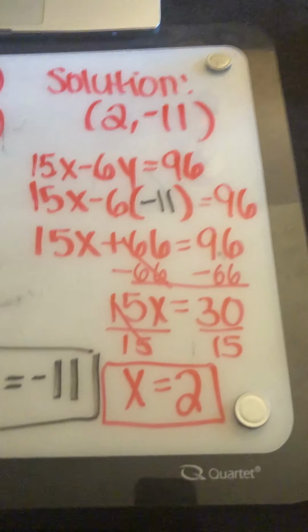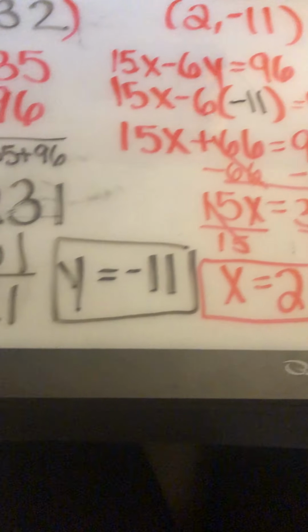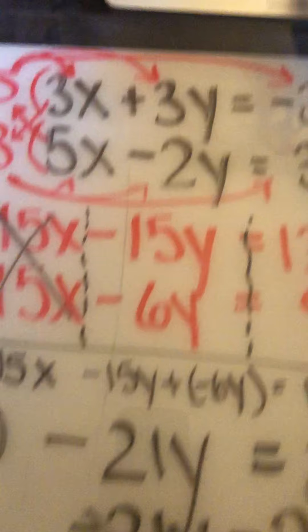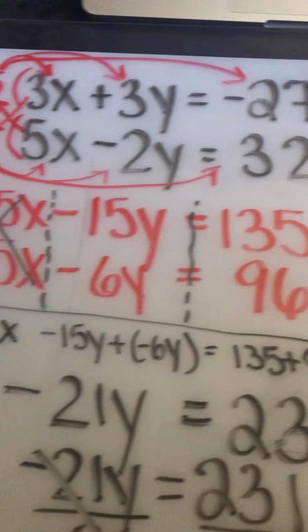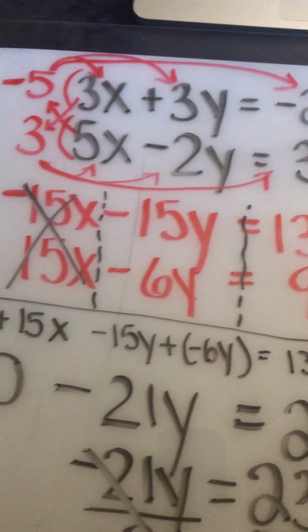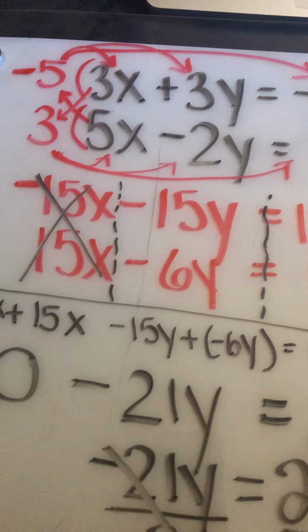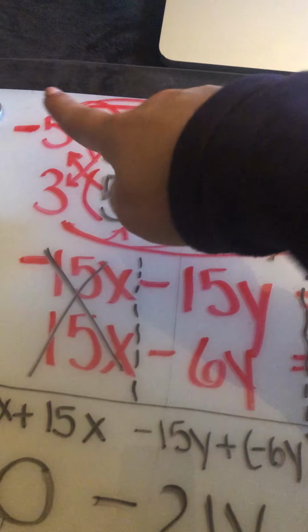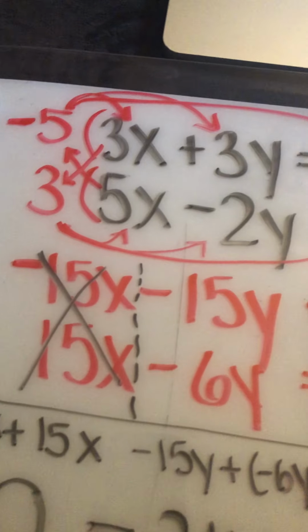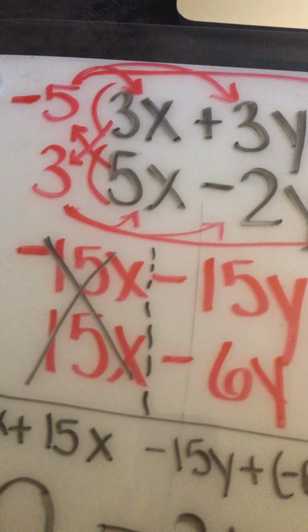Okay? So everything that we just went through, you guys have seen. This was the only new part of it, that multiplication in the beginning. So just know that you're going to be multiplying both of the equations, and normally I just flip-flop the coefficients. That's how I decide what to multiply by. Could you multiply by other numbers? Absolutely.